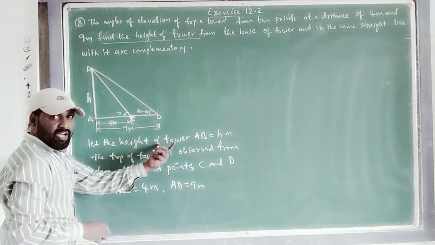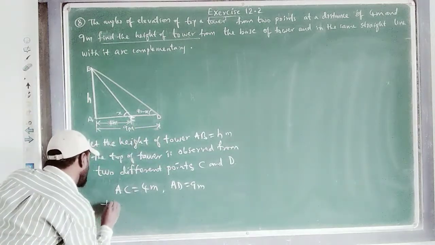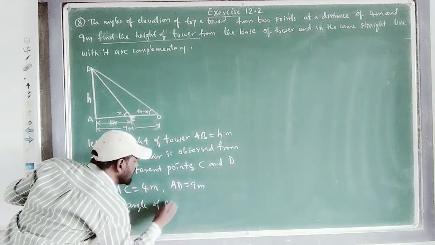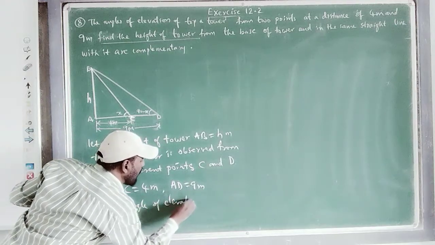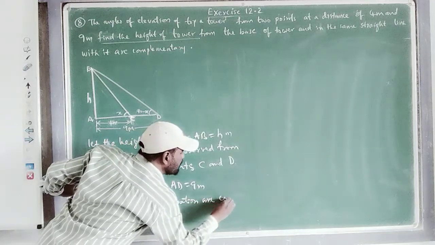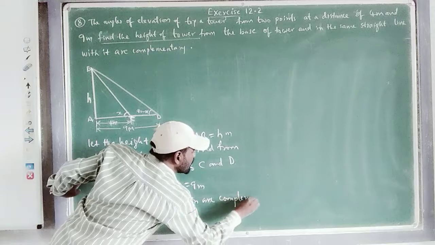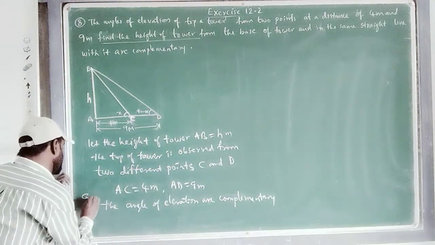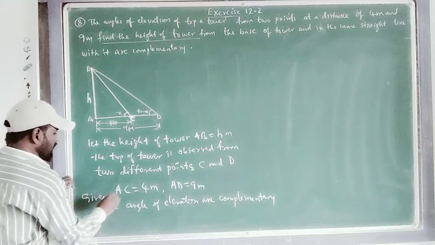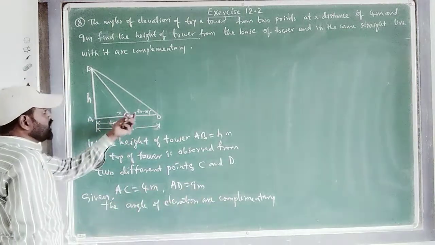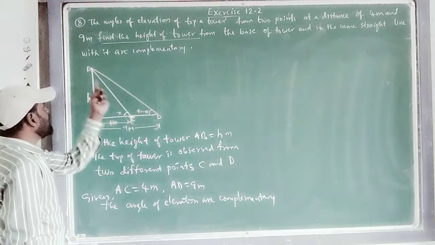Now angles of elevation. The angles of elevation are complementary, which is given in the question. Okay, given the angles of elevation are complementary from two different points. The top of the tower is observed.